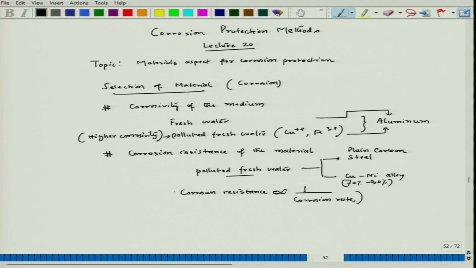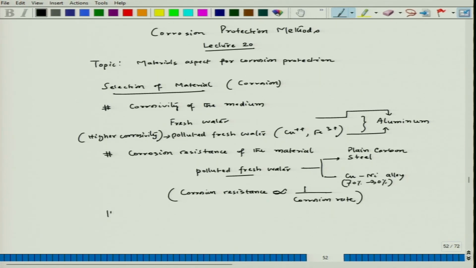Okay. So, in this equation, the higher the corrosion rate, the lower the corrosion resistance. Now we understand what is corrosion resistance of the material. For that, we have to fix the corrosivity of the medium.